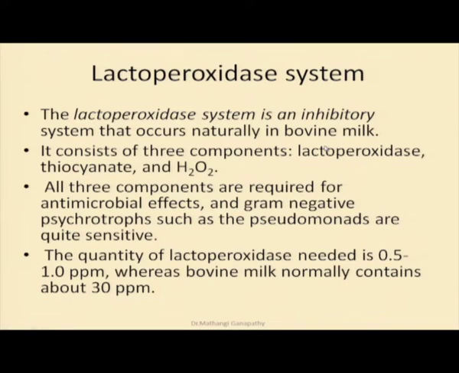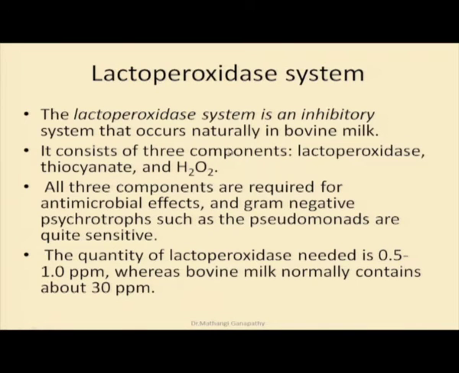Let us see in detail the lactoperoxidase system in milk. This lactoperoxidase system is one which naturally occurs in bovine milk. There are three components here: the lactoperoxidase, the thiocyanate, and hydrogen peroxide. And all the three components are required for the antimicrobial effect. Gram-negative psychrotrophs like pseudomonads are quite sensitive.